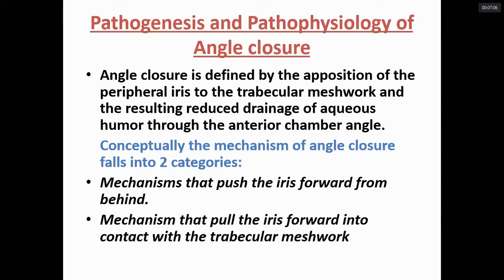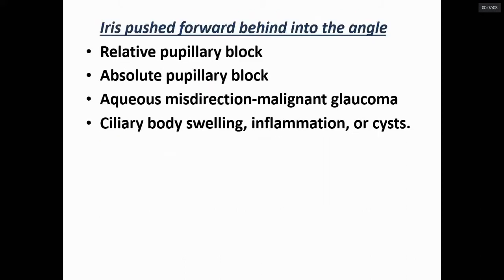There are various causes which can push or pull the iris. Causes that push the iris forward from behind into the angle are relative pupillary block, absolute pupillary block, aqueous misdirection or malignant glaucoma, and ciliary body swelling, inflammation or cyst formation.